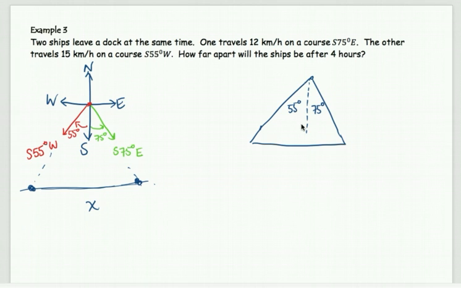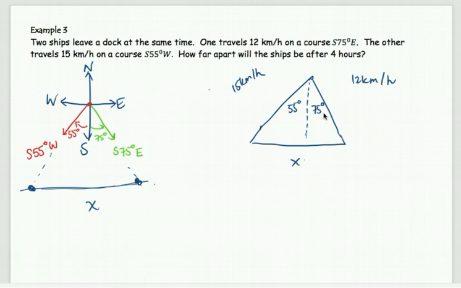So 55 degrees from the south compass line, and that's 75 there. This is the boat that went westwards, it's traveling at 15 kilometers an hour, and this one is traveling at 12 kilometers an hour. All right, and we're going to check at the 4-hour mark how far apart they are here, okay?